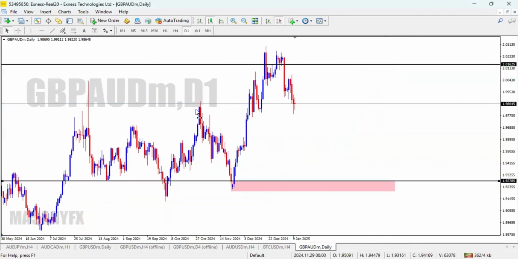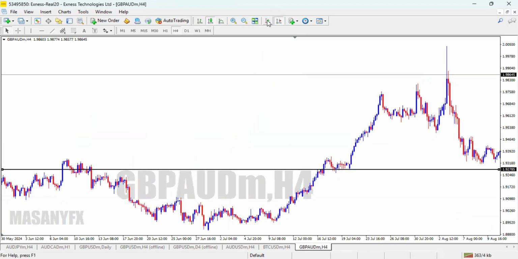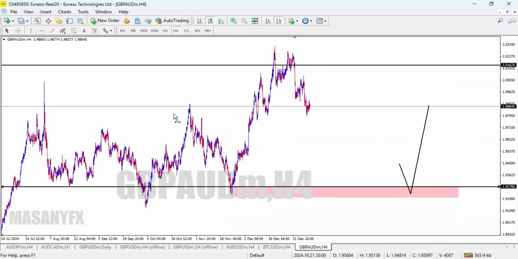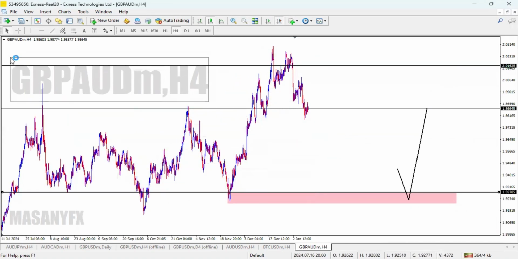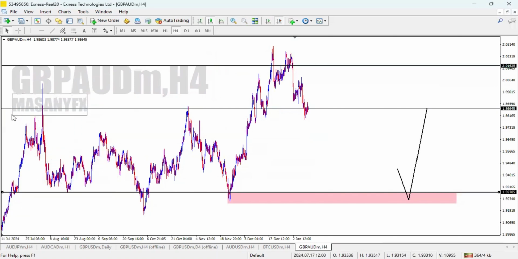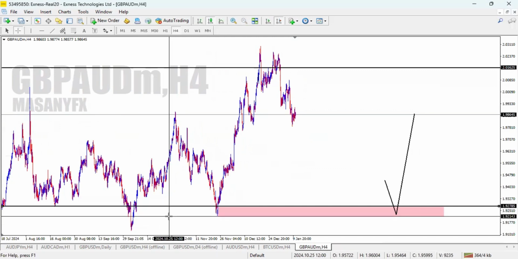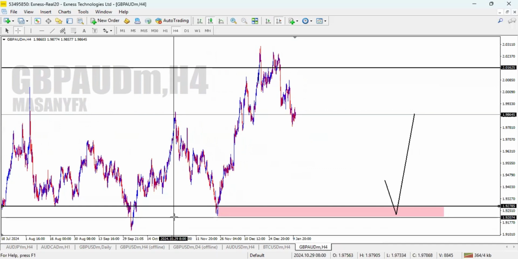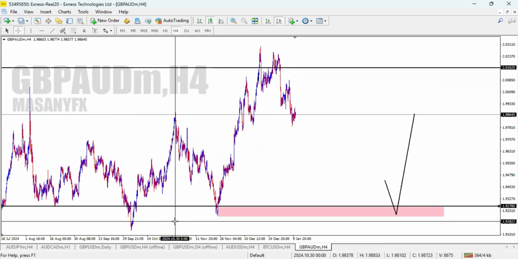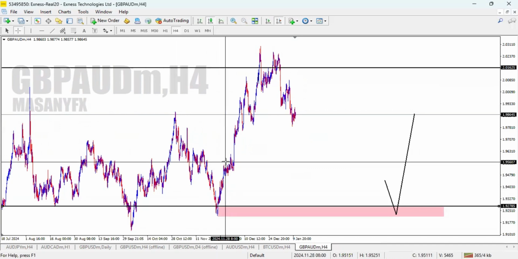So definitely the price needs to come back to this place, to this demand zone, and buy. I can go to H4 time frame. Also here.